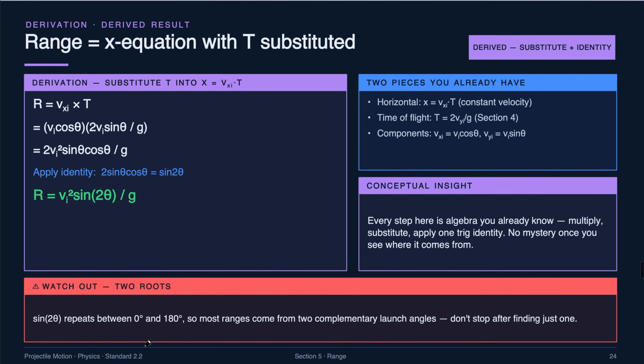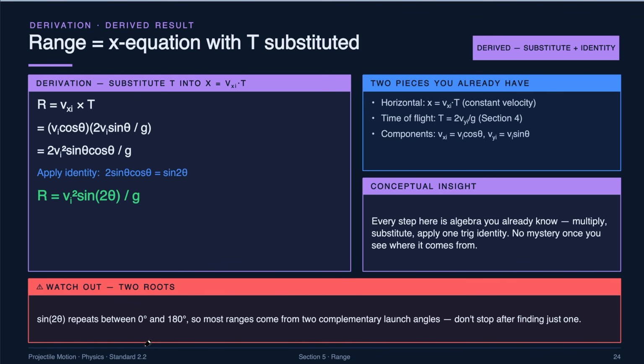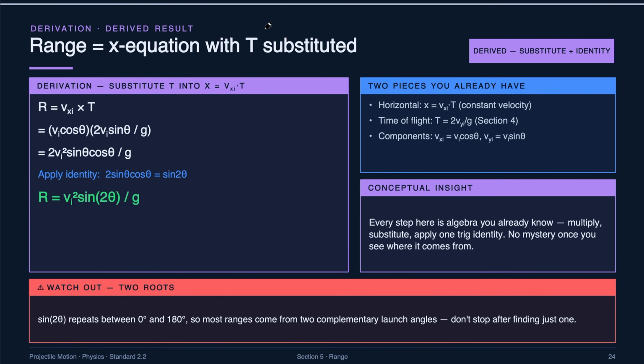First, let me show you where we get our formula from, because as always, the goal of this channel is to provide you with everything, but most of all the how behind the why, and the why behind the how. I want to show you where we're getting this from.